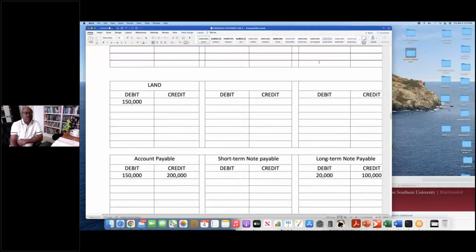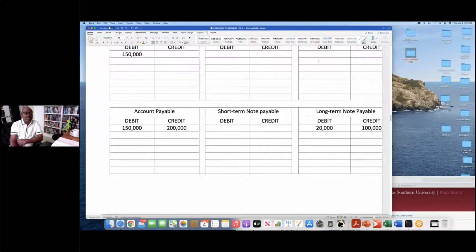Okay, so what do we have in accounts payable? Accounts payable, we have 50,000 credited.